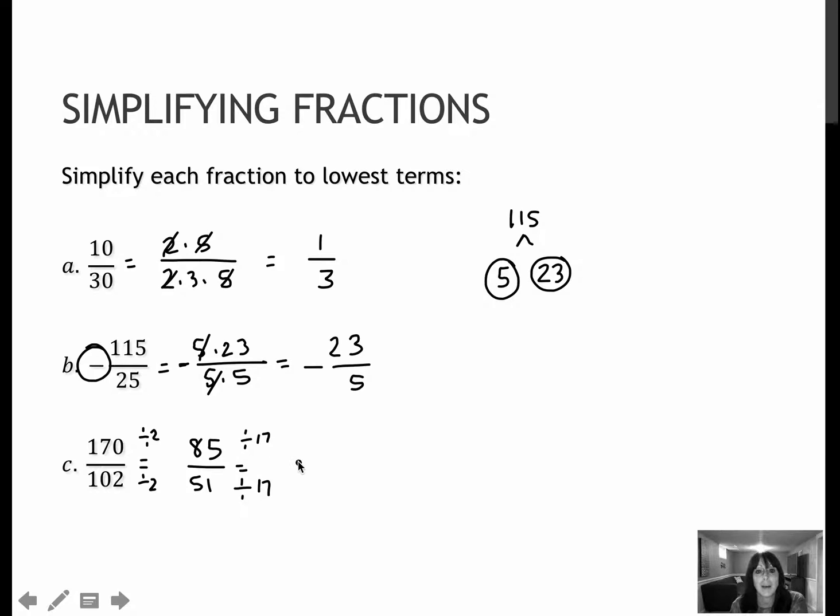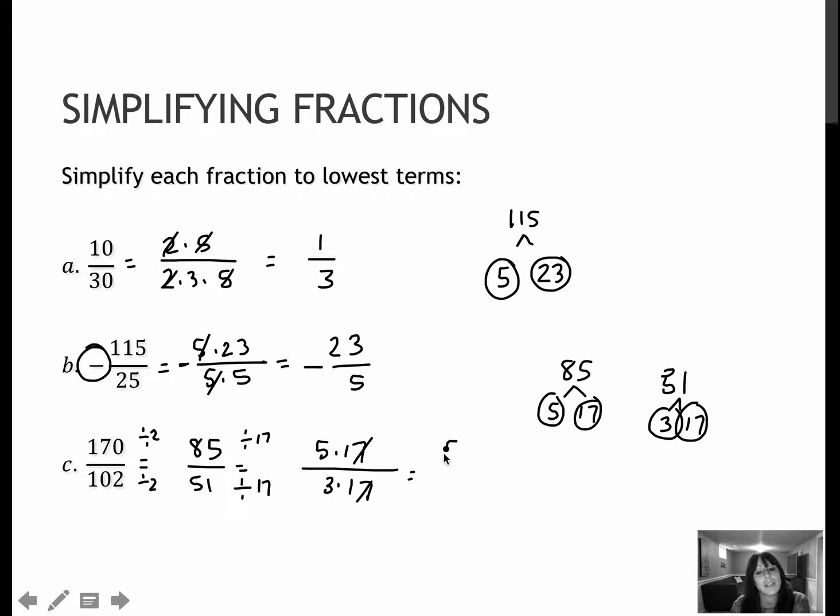So if I divided the top by 17, and again, this could be one where I break it down into factors, 5 and 17, both prime. 51 is 3 and 17, both prime, and that's going to leave me with, if I had 5 times 17 and 3 times 17, and I divide them both by 17, I get my result of 5/3.